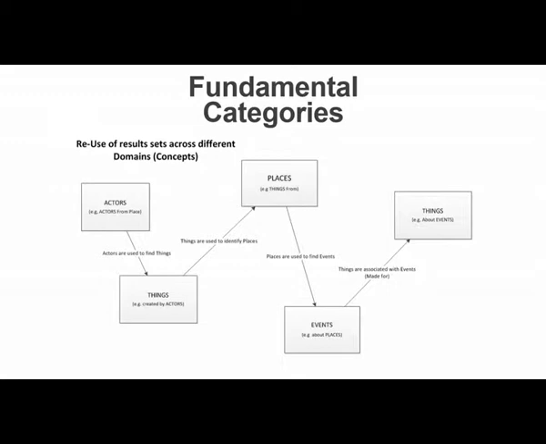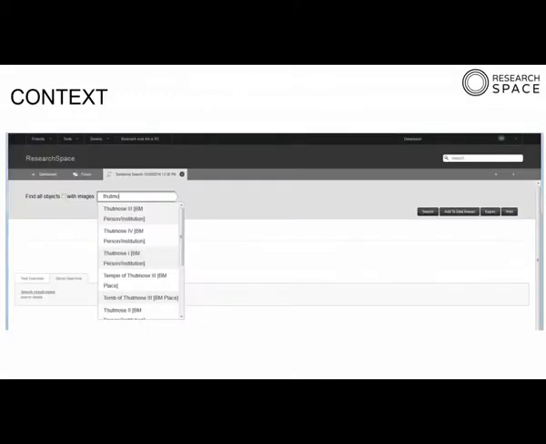And then I want to say, I want to use the results of that to find places. And then I want to reuse the results of that to find events. And I want to reuse the results of that to find objects. And maybe I want to reuse the results of the object to go back to people again. So we're using these fundamental categories to allow you to explore the data as well as get results out of it, and to really utilize all the different aspects of your collections management data.